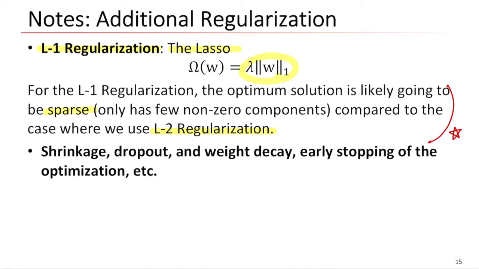And there are other methods to reduce the overfitting problem, such as shrinkage, dropout, weight decay, or early stopping of the optimization. In today's lecture, we will not talk about those things, but in the deep learning lecture, we will discuss them.